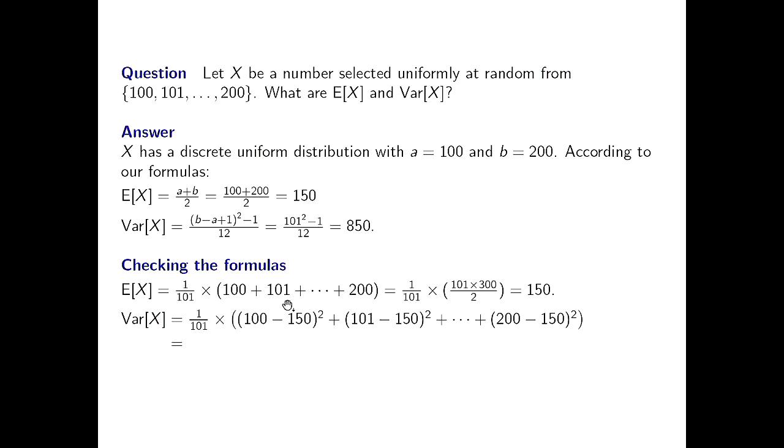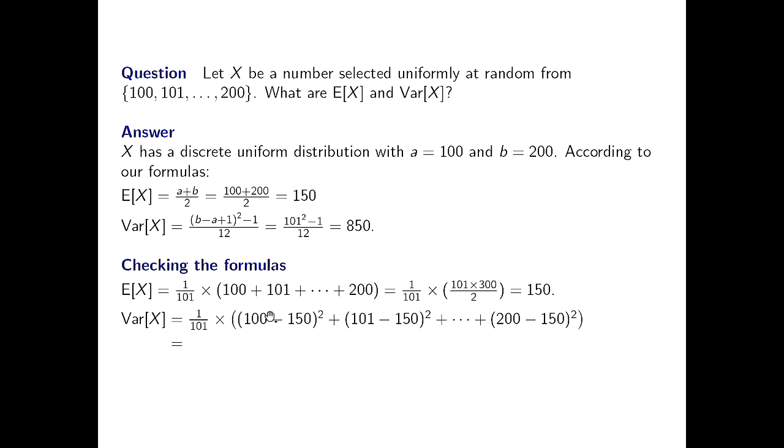And if you're prepared to do a little bit more work, you could even do the same with variance, right? This is what you'd get for the variance. Remember, for the variance, we have probability times the difference between our value and our expected value, which is, in this case, 100 minus 150 here, 101 minus 150 there, all the way up to 200 minus 150.